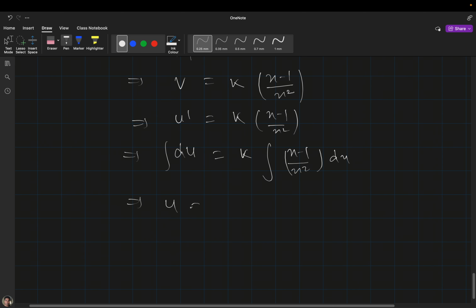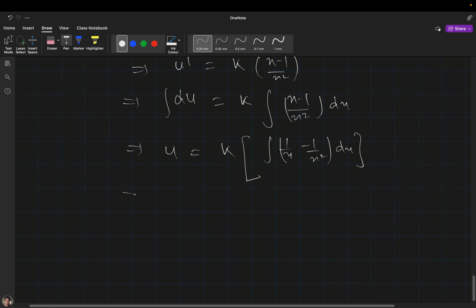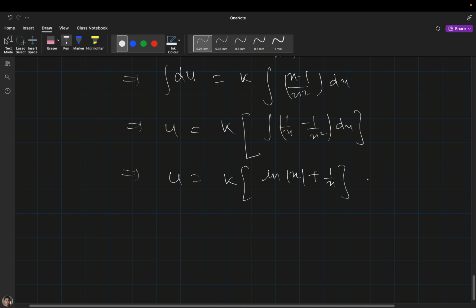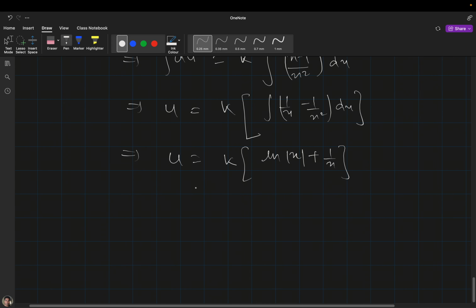So you will get u equal to k times the integral of (1 by x minus 1 by x²) dx. So you will get k times (ln x plus 1 by x). There will be another constant also, but that will be absorbed when we use the linear combination. Okay, so this is the u.